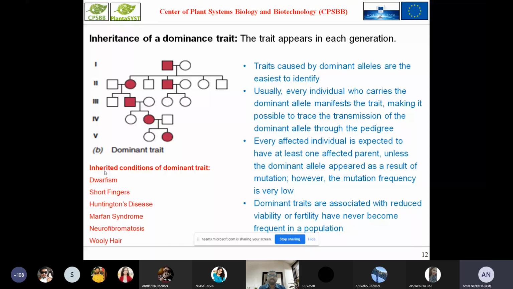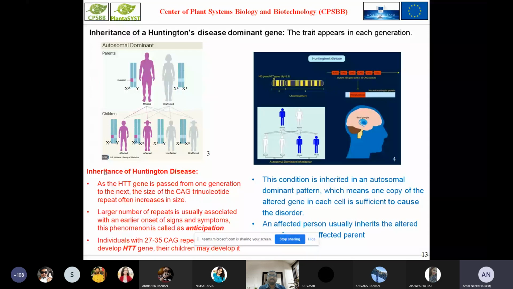Mostly the inheritance of the dominant trait, or even a recessive trait, is related to the autosomal chromosome. I'm pretty sure you have had the opportunity to understand what is autosome and what is sex chromosome. So it is very important to understand that an autosome is not a sex chromosome.